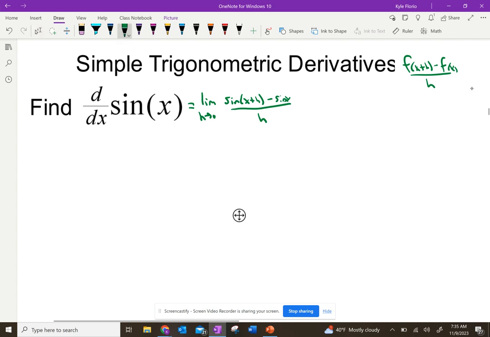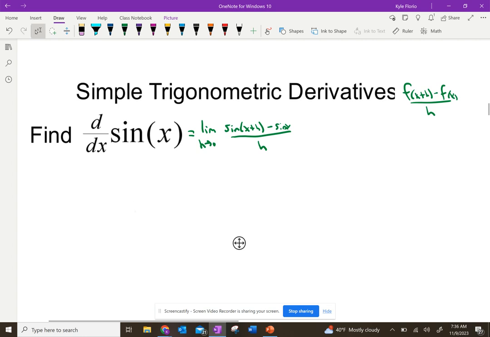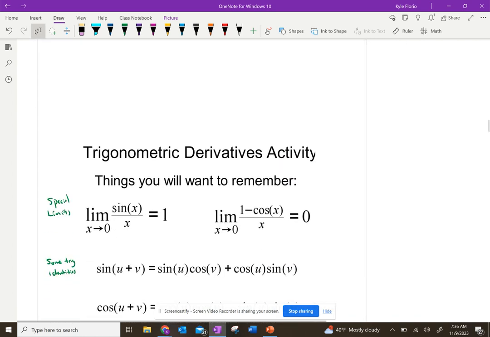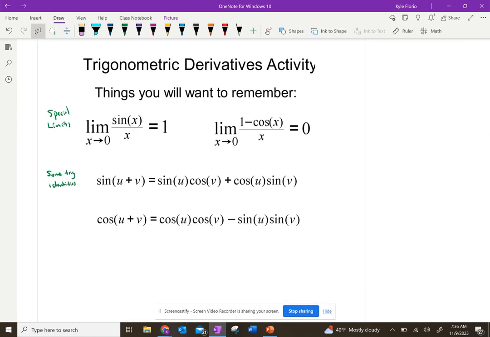This sine of x plus h part, I can rewrite using this trig identity right here. So instead of u and v, it's going to be x plus h. I'm going to rewrite sine of x plus h as sine x cosine h plus cosine x sine h.